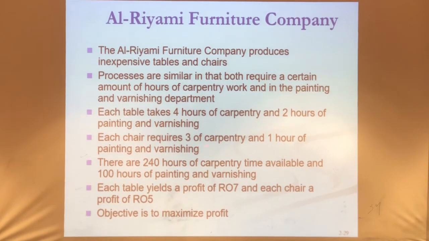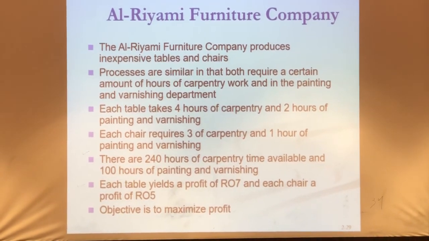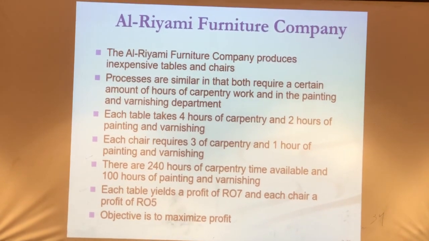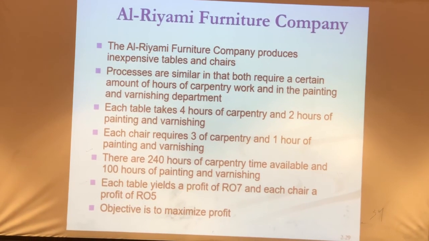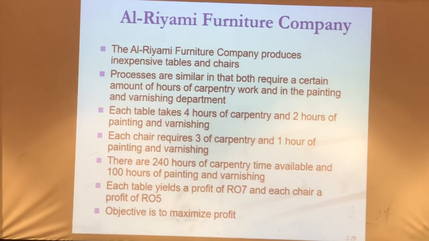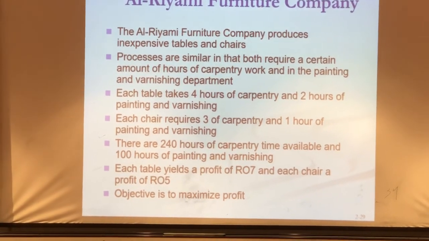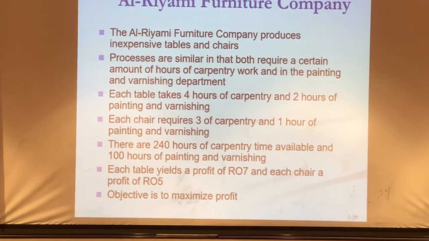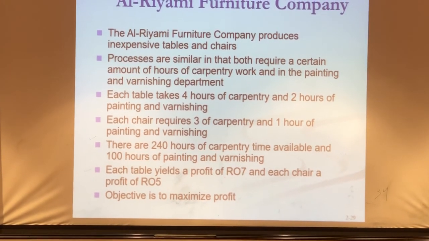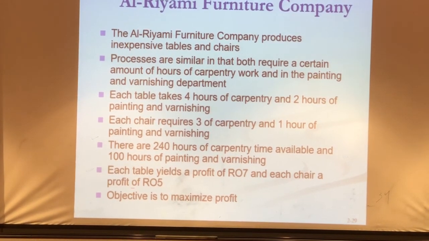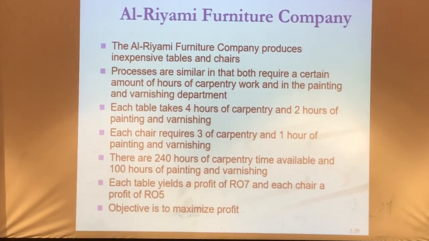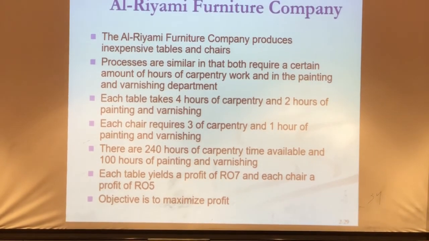Each chair requires 3 hours of carpentry and 1 hour of painting and varnishing. There are 240 hours of carpentry time available and 100 hours of painting and varnishing available. Okay, and each table yields a profit of 7 Rials and each chair a profit of 5 Rials. The objective is to maximize the profit. Please formulate this problem.